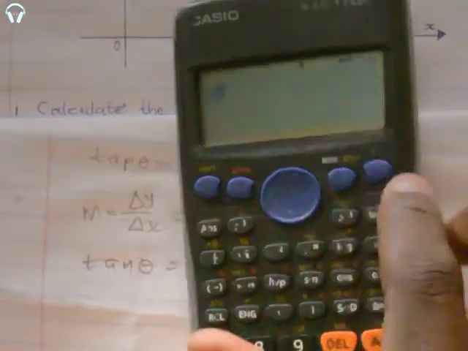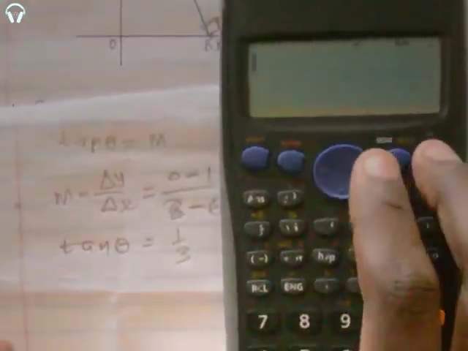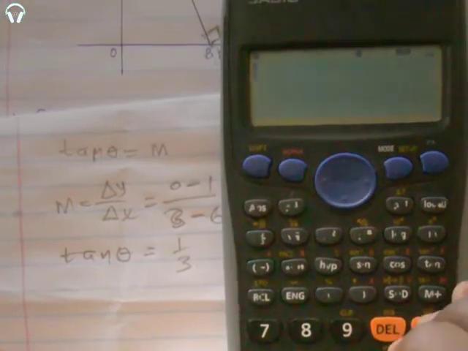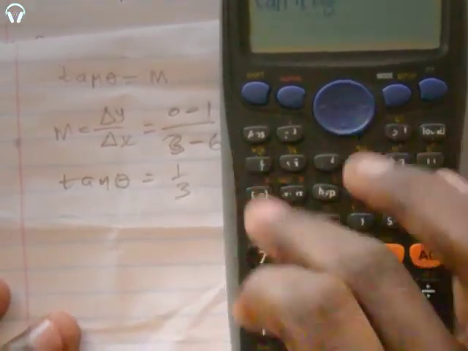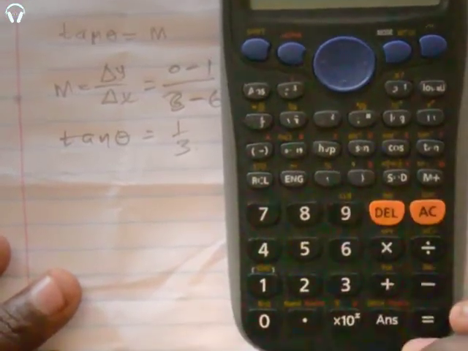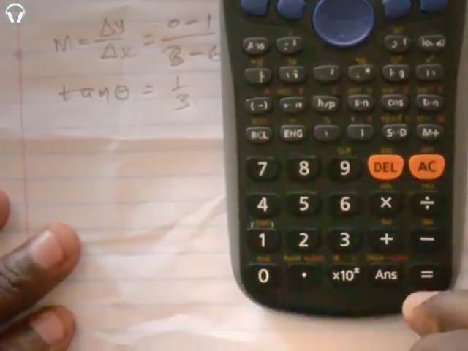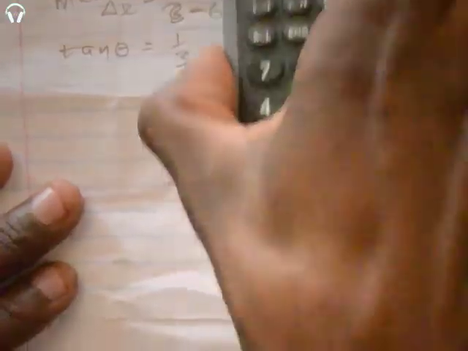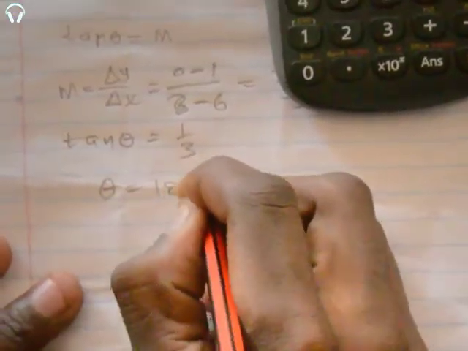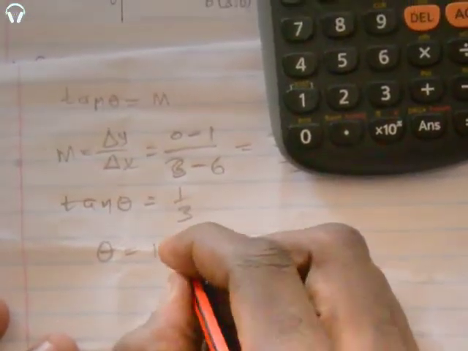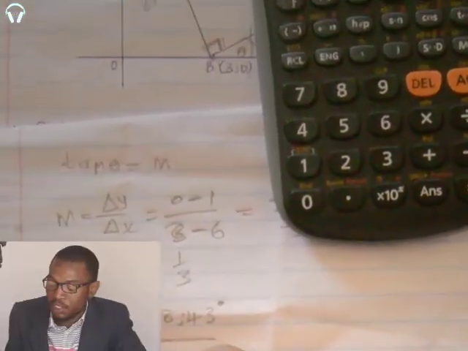How to find the inverse? You press shift on your calculator, press tan and enter your gradient. It gives you 18,43. Therefore, the value of theta is 18,43 degrees. And that's the angle of inclination of the line ABC.